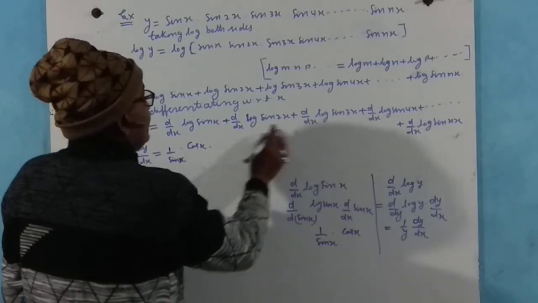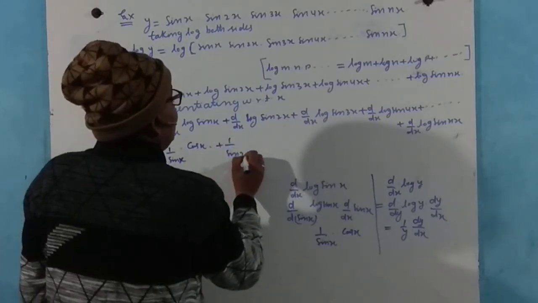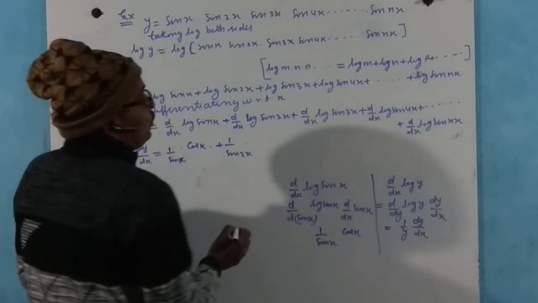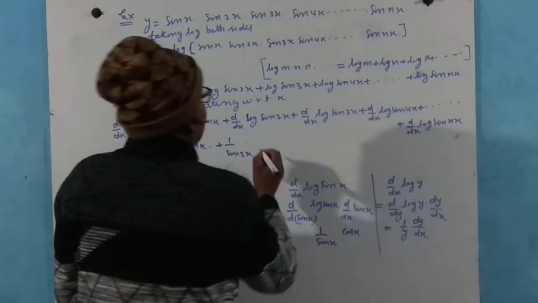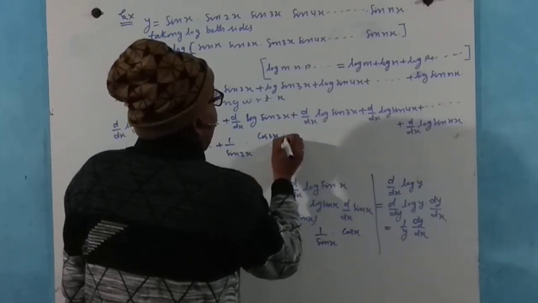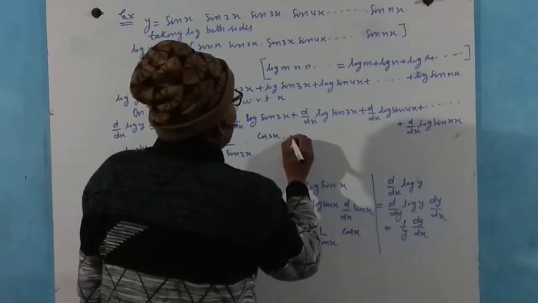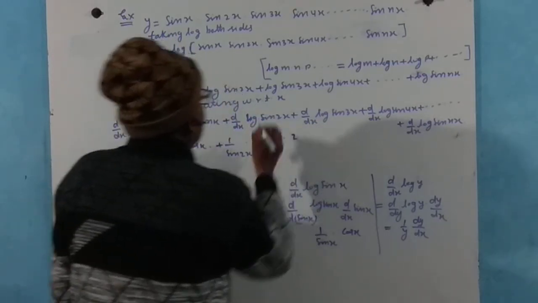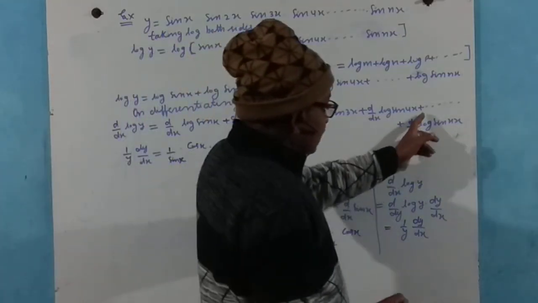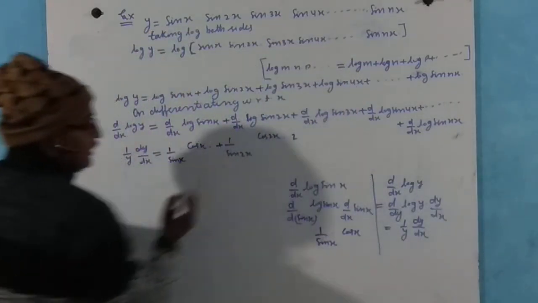Similarly, this can be written as 1 by sin 2x, and sin 2x with respect to 2x is equal to cos 2x, and with respect to x, this is equal to only 2 here.